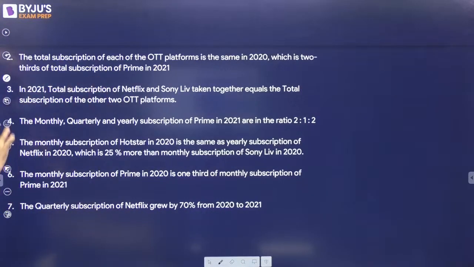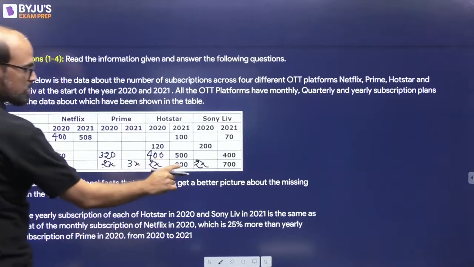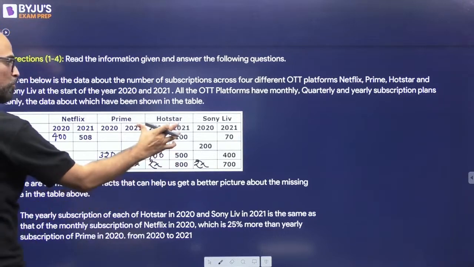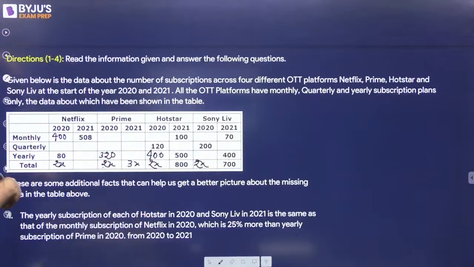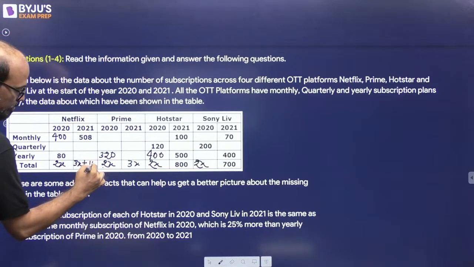That is equal to total subscription of the other two OTT platforms. So this is 800 plus 3x for Hotstar and Prime. Then for Netflix and Sony Live should also be 800 plus 3x, out of which we already have 700. So we can say that this is going to be 3x plus 100.